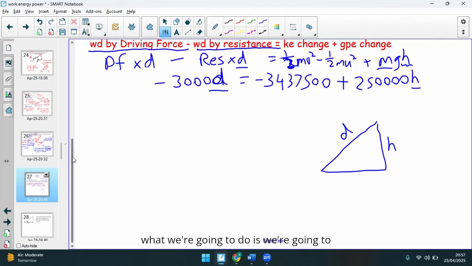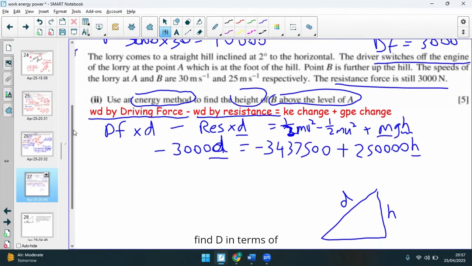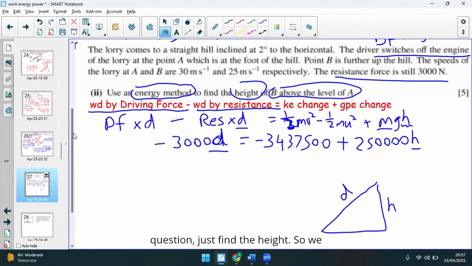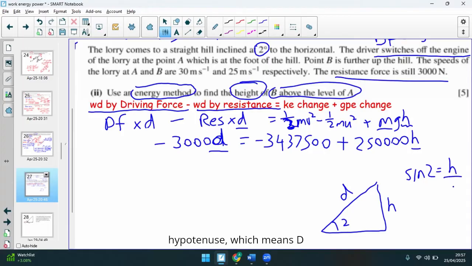Okay, now what we're going to do is find d in terms of h, because we need to find h in the question. It says find the height, so we want to get rid of d. So what was your angle? It's 2 degrees. Now, using SOHCAHTOA, sine 2 equals opposite over hypotenuse, which means d equals h over sine 2.